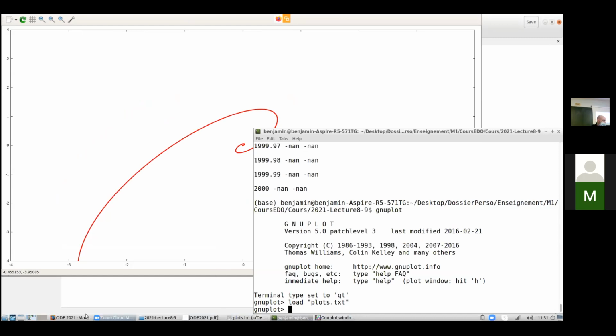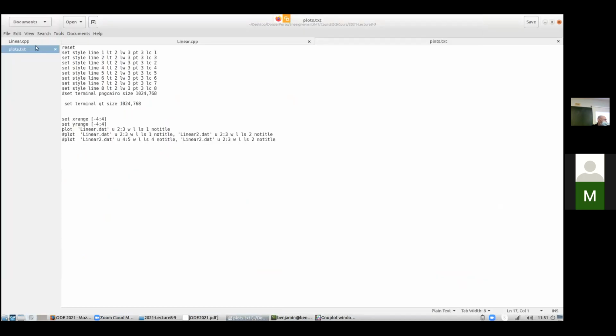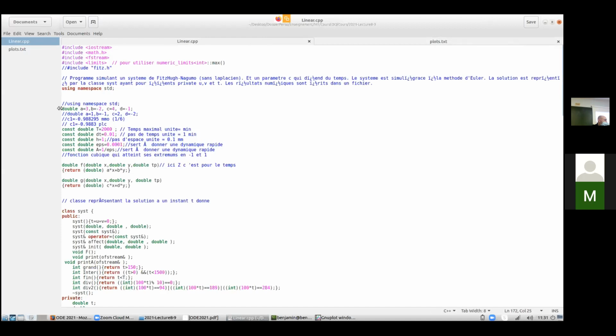To do that, I'm going to change a little bit this program. So b was 2, c was minus 2, and g was 1.